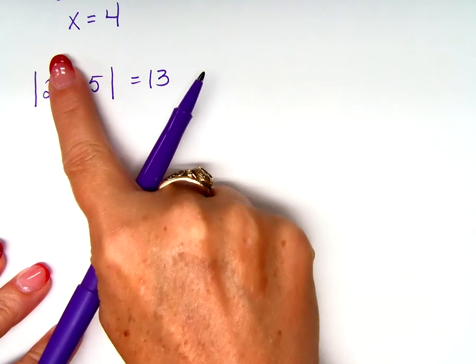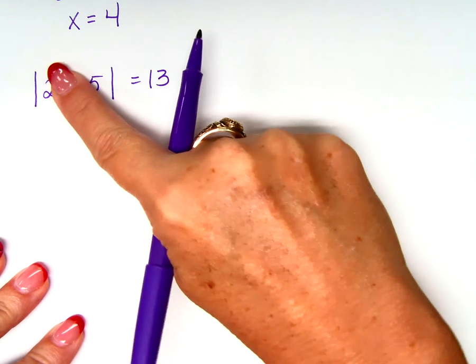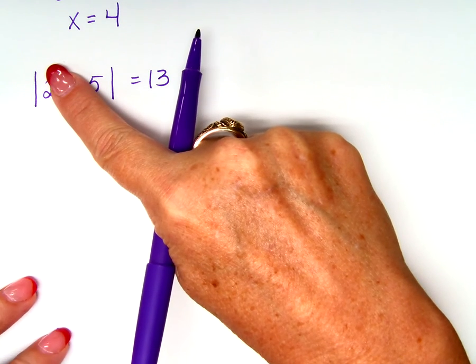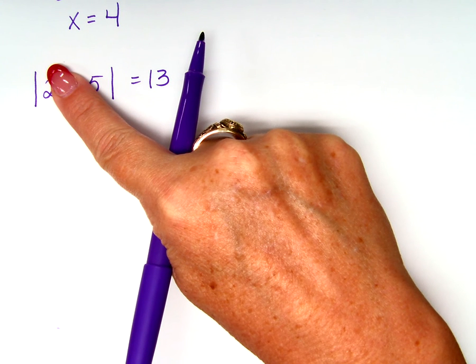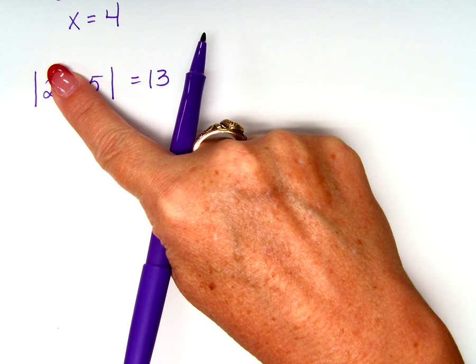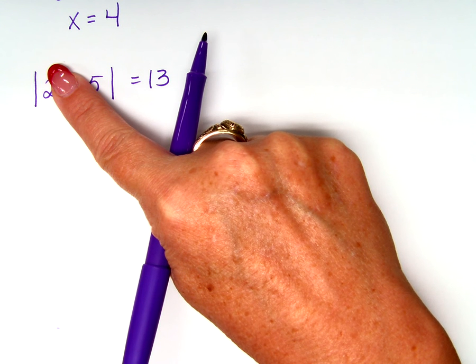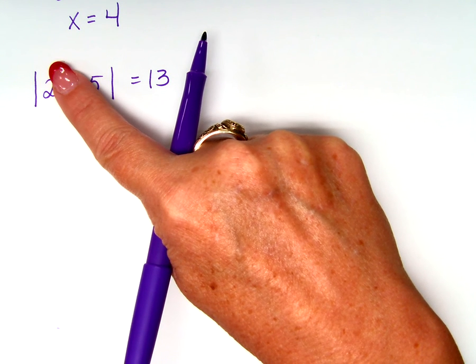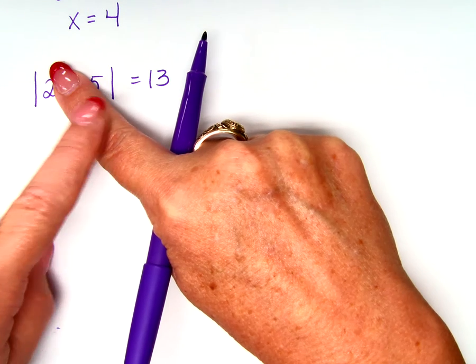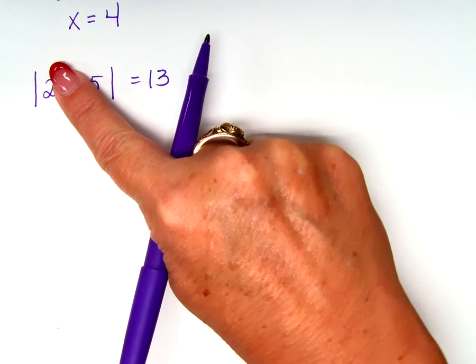So here's the thing. What I'm covering up right now, we're ignoring it for a second, but what is it allowed to equal? 13. What else is it allowed to equal? If I take the absolute value of what number, what is it going to be? That's 13.